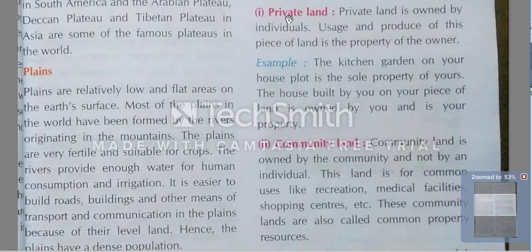On the screen you can see private land. I have explained it before. When a particular person, a single person, purchases a land, he has the right of working on that field or land, so that is called private land. And second was community land.